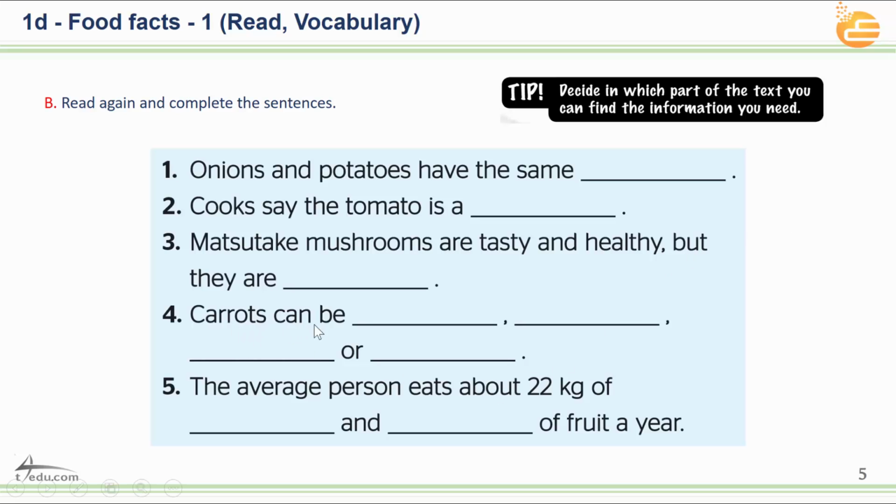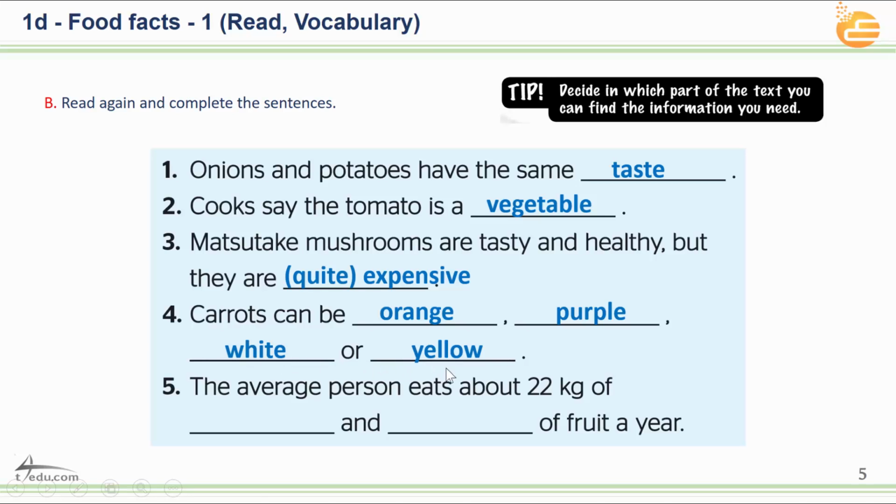Number four, carrots can be for what? What do you think? For colors, exactly. What are these colors? Purple, white, orange, and yellow. Exactly. So orange, purple, white, or yellow. You will find them in four colors.